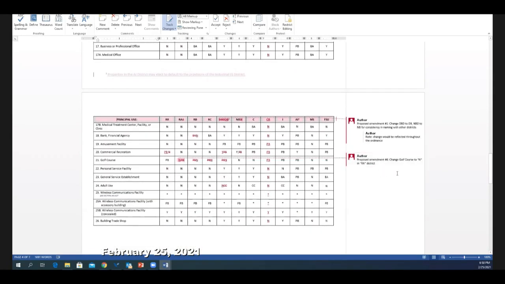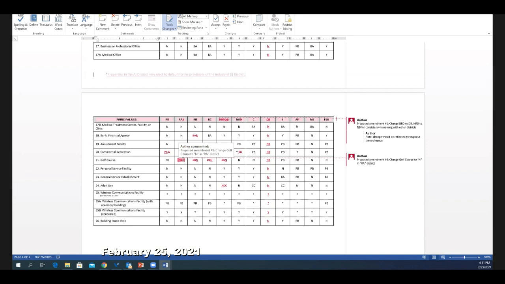Another proposed amendment was to change golf course from to no in the RA district. Currently, it's by planning board. And again, RA is like a step before rural residential, which is the most rural district in the city. RA district is kind of like the suburban residential districts, and this would just prohibit any future golf course from taking place there.